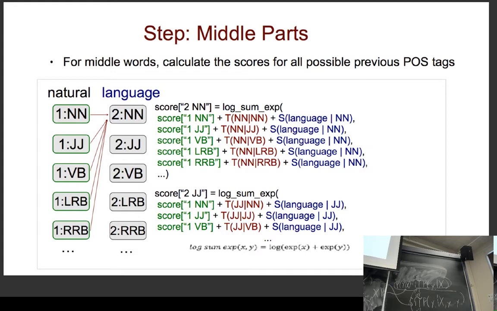Then you take the exponent of these, and then you add them together, and then you take the log again. So basically, this is just summing things together, but when your probabilities are in log space.